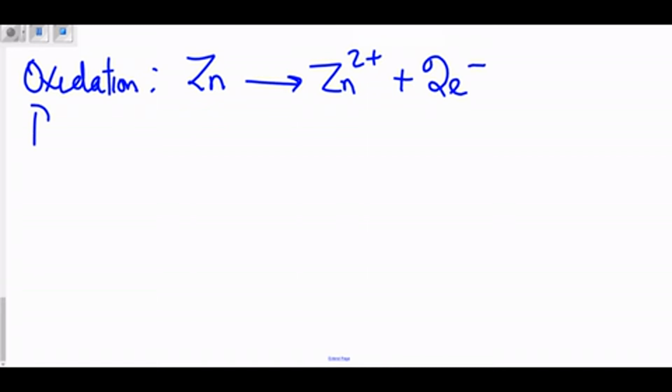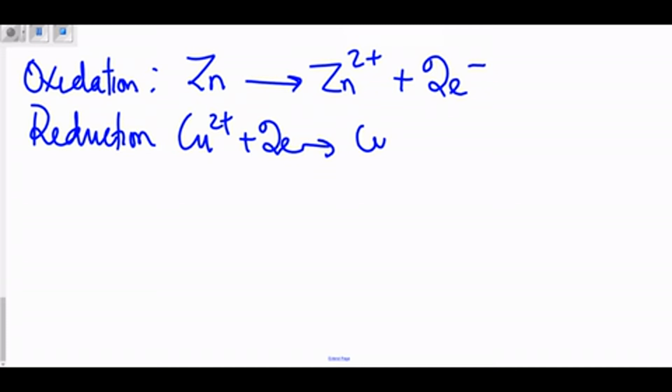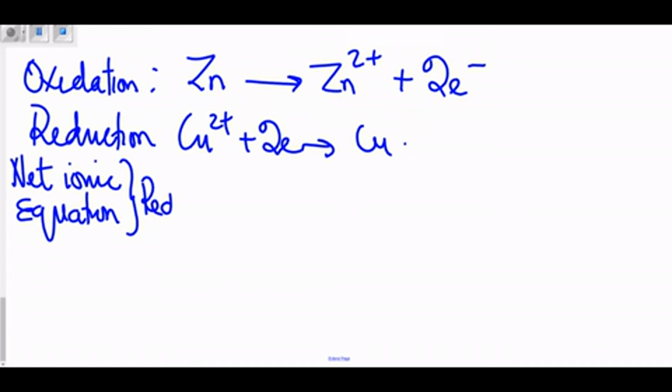While reduction is where we have copper 2 plus being reduced to copper. Now there is what you call the net ionic equation, which is also used for the word redox. Net ionic equation, that is what is happening.